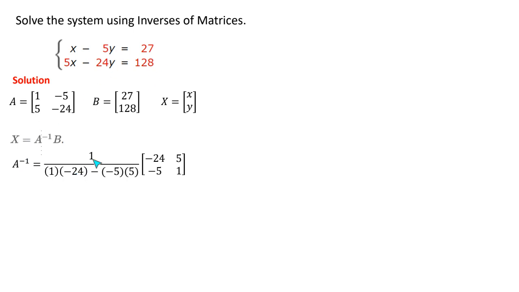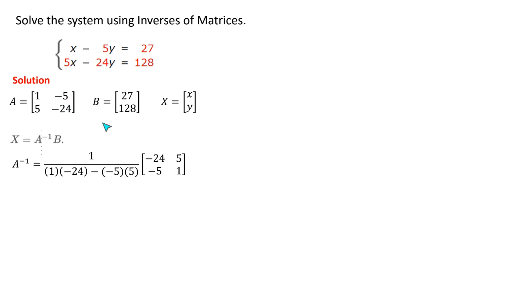So to find the inverse, I use the formula because A is a 2 by 2. So I would have 1 divided by A, which is 1, times D, which is -24, minus B, -5, times C, which is 5. And then for the matrix itself, we're going to switch the 1 and the negative 24. So we get negative 24 and 1. Then we're going to switch the signs.